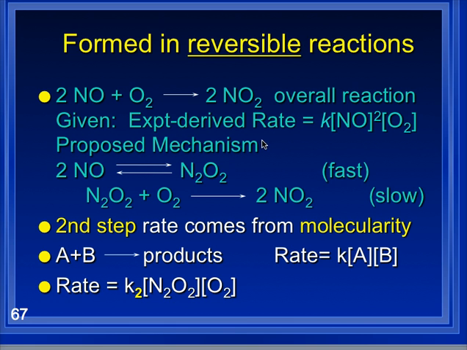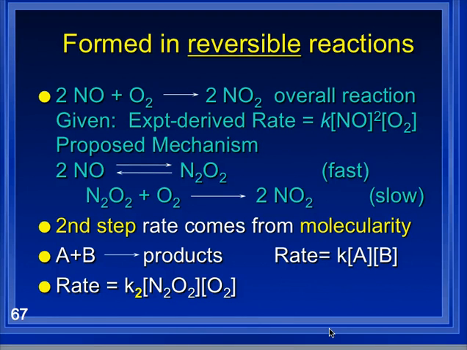And what we want to do is look at the experimentally determined rate law to decide if the proposed mechanism works for what was determined to be the rate law. If we can do that, then we can say, well, this is a possible mechanism. It doesn't necessarily prove that this is the correct mechanism, but at least it shows a possibility.